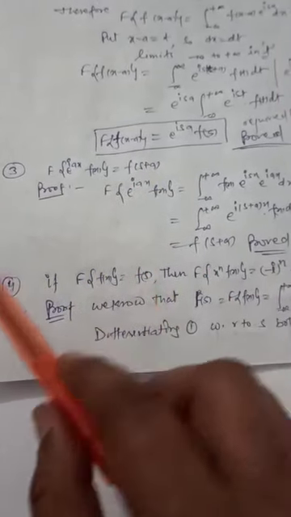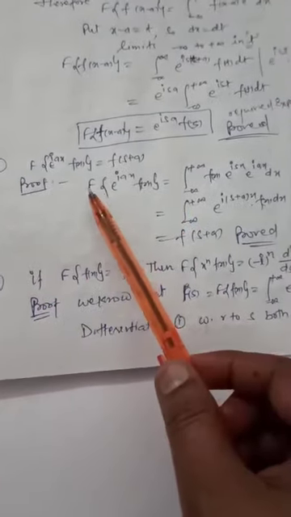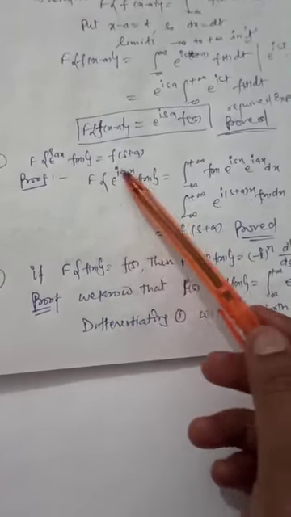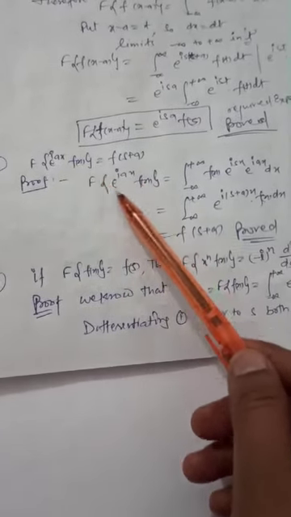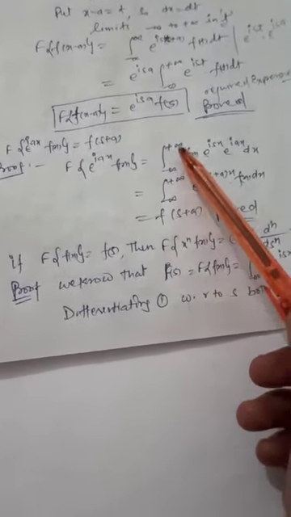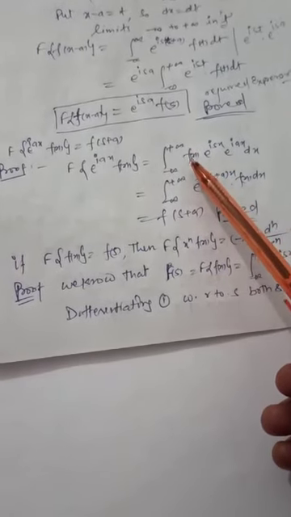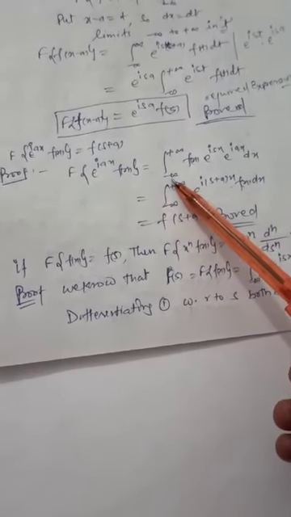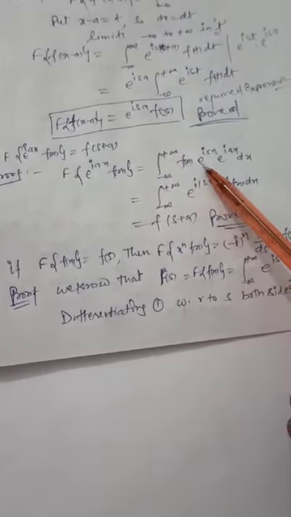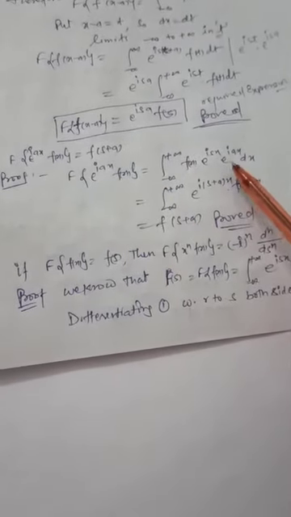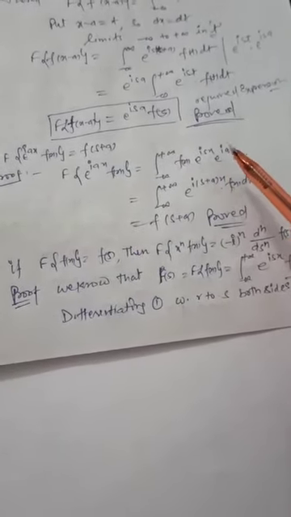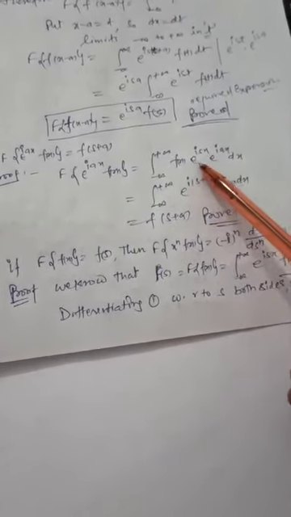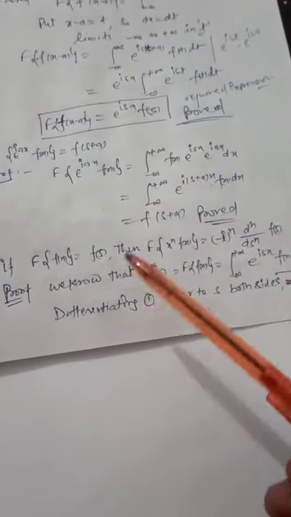For finding this expression, if we write the Fourier transform of the left side, it can be written in this form by the definition of the Fourier transform: the integral from minus infinity to plus infinity of the function, these two together, and exponential iota sx dx.